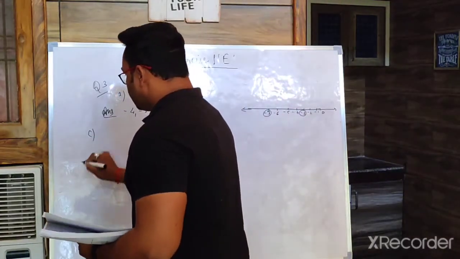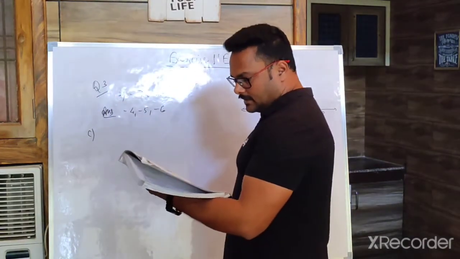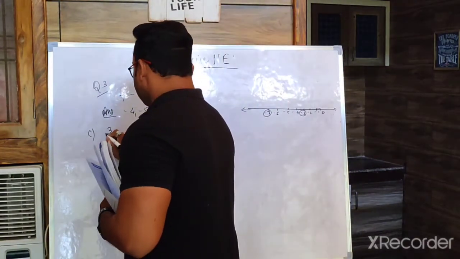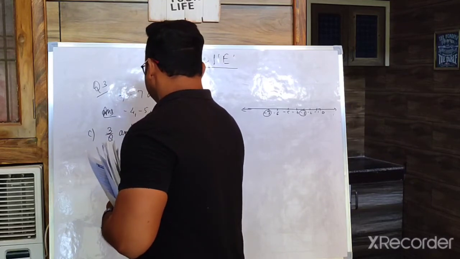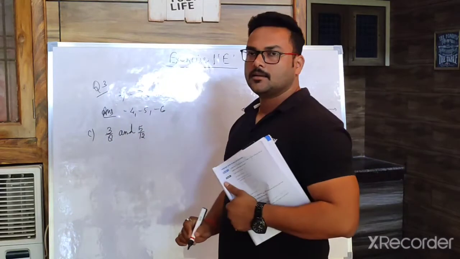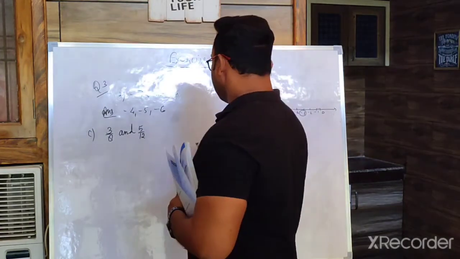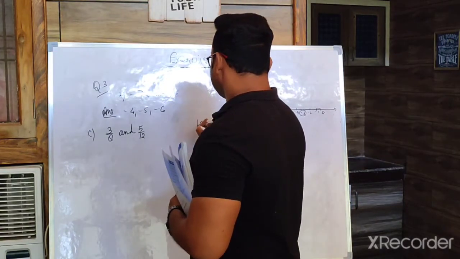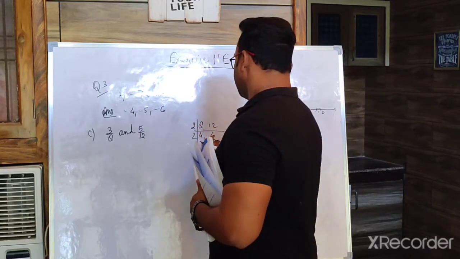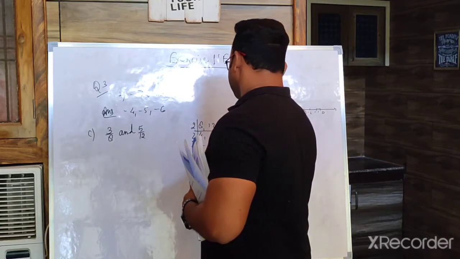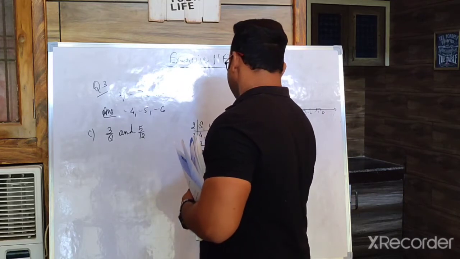It's C part. 3 by 8 and 5 by 12. You have to get 3 rational numbers in between. So 8 and 12, first of all take LCM. 2, 4, 6, 2, 2, 3, 2, 1, 3, 3, 1, 1.